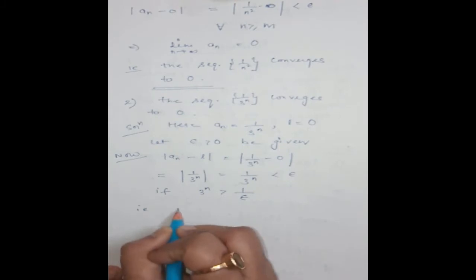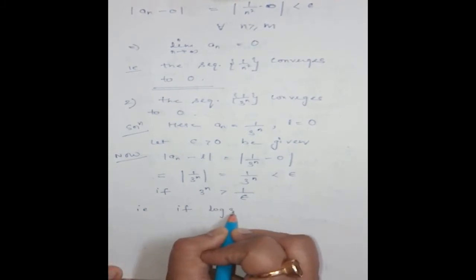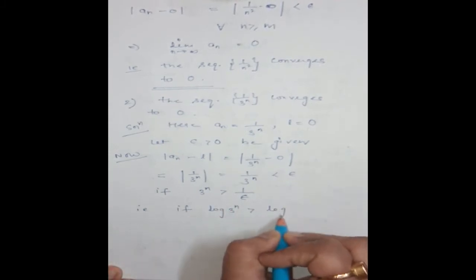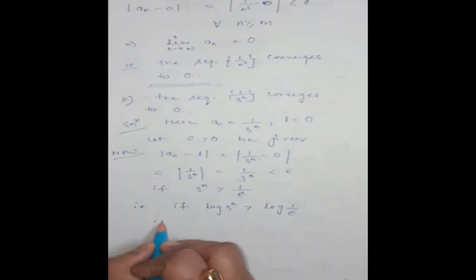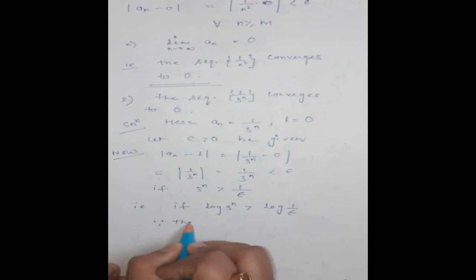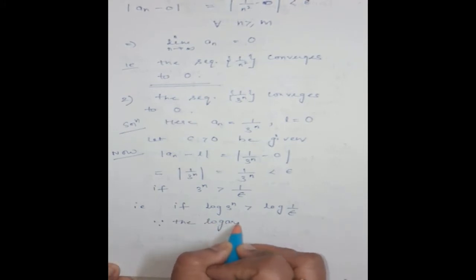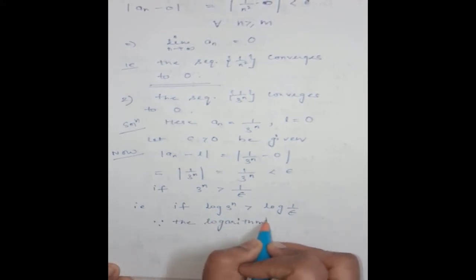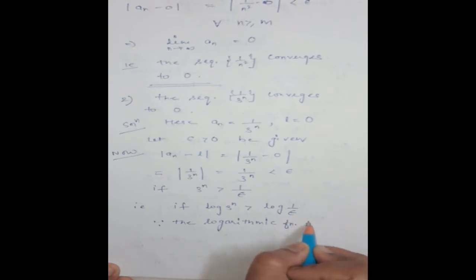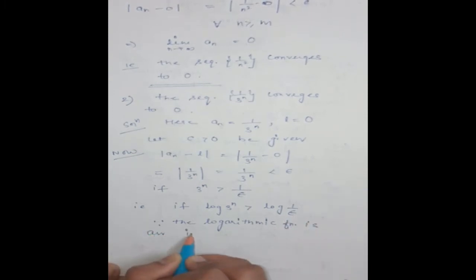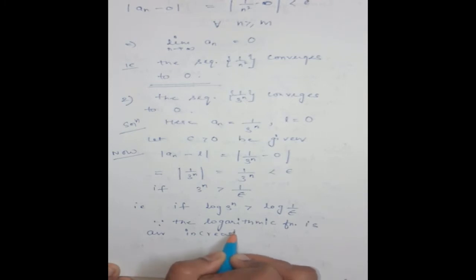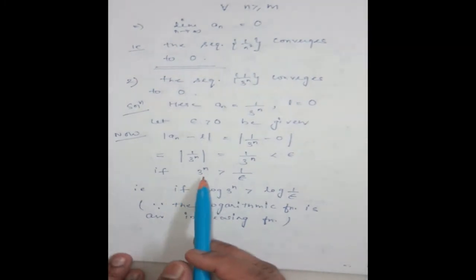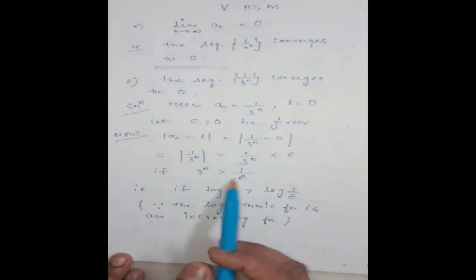That is, if log 3^n is greater than log 1/epsilon, I can write like this, since the logarithmic function is an increasing function. So I can take log on both sides. This will imply 3^n greater than 1/epsilon.